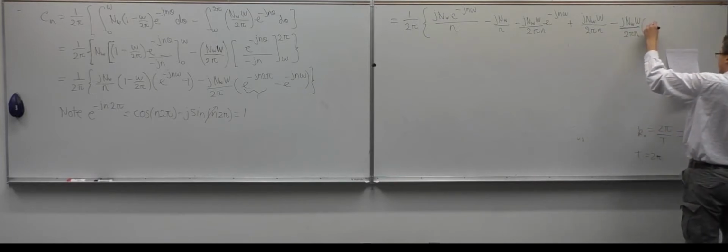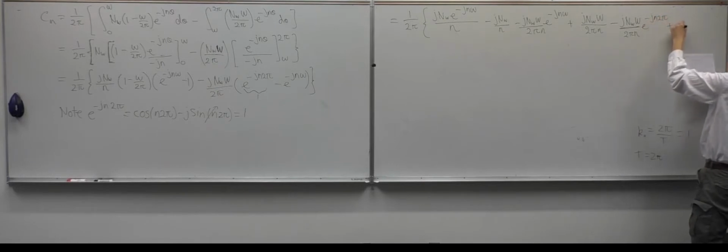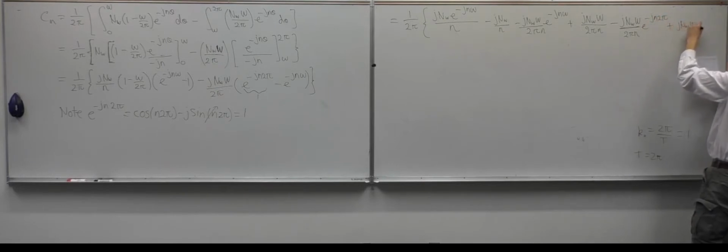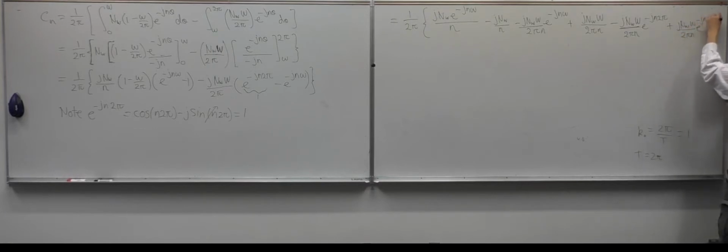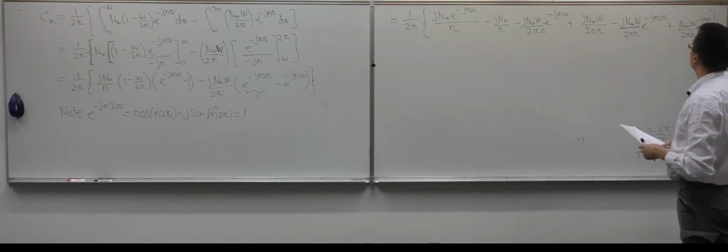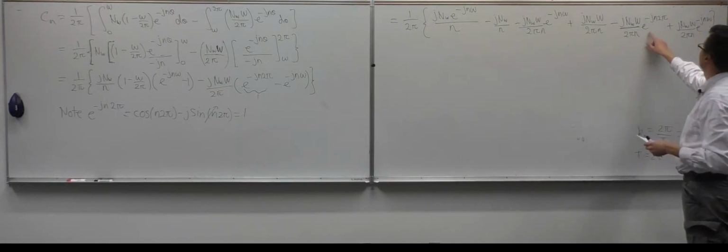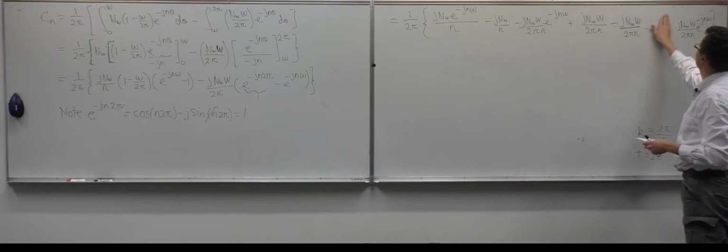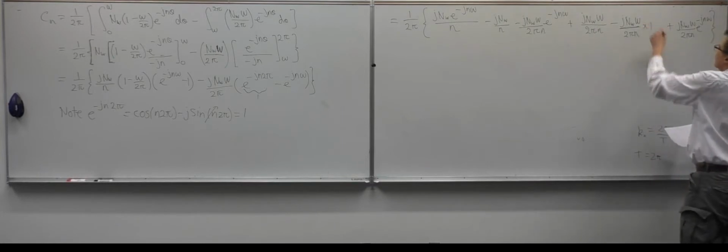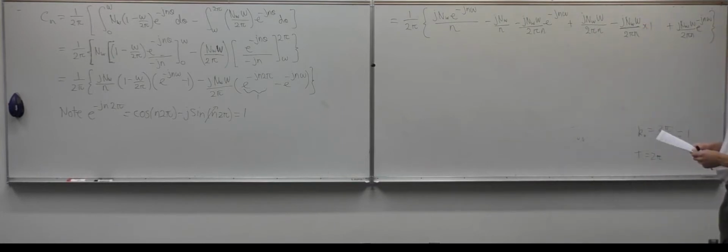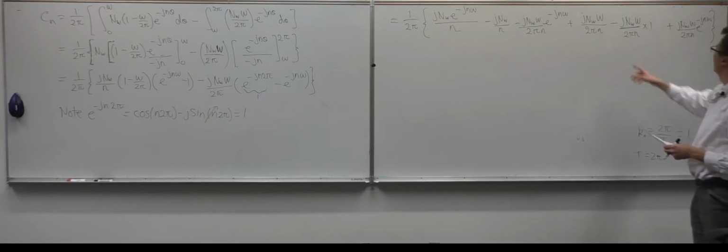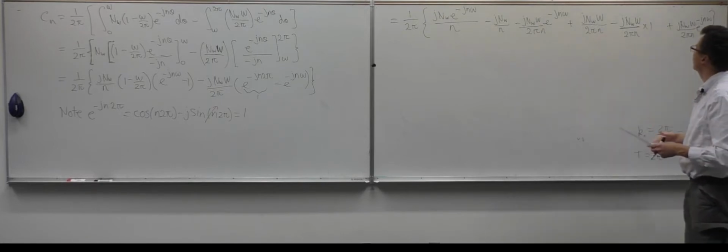and that's multiplied by e to the minus j n 2 pi plus j n sub w big W over 2 pi n e to the minus j n w. Okay. Alright, so we said this was 1. There's 1. So looking at these two, they're going to go away, right?